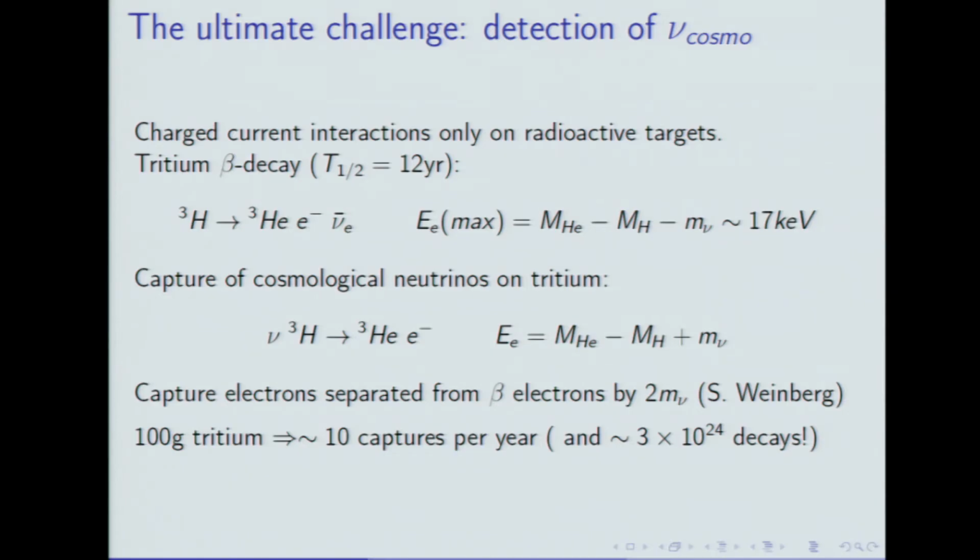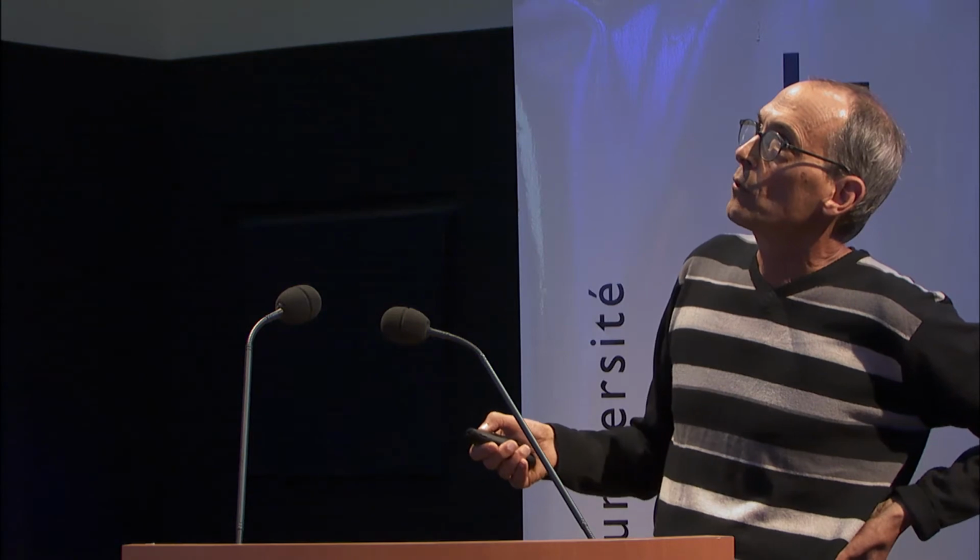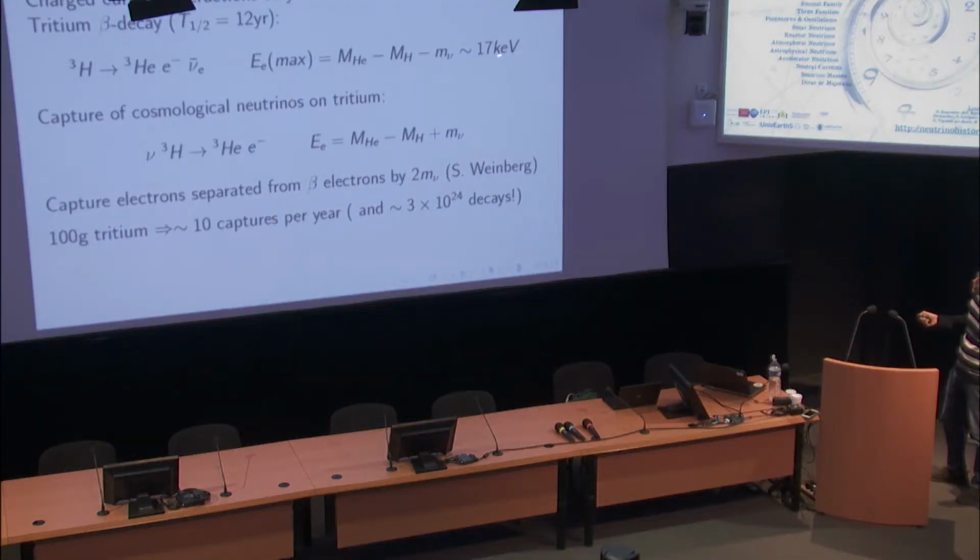Okay, this is the last thing I had to say. The ultimate challenge would be the detection of cosmological neutrinos via charged current interactions. They have charged current interactions only on radioactive targets. That's why they're hard. For instance, we know that tritium decays with an endpoint of 18 keV. We saw that yesterday.